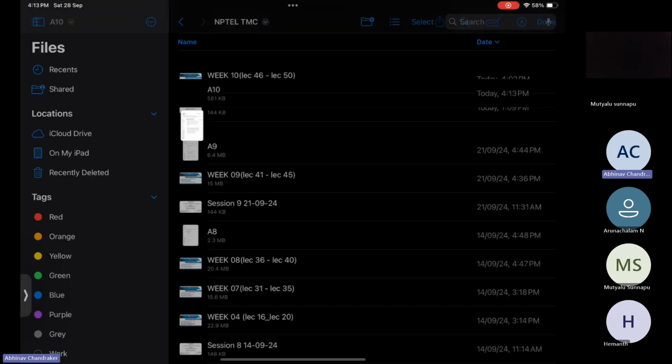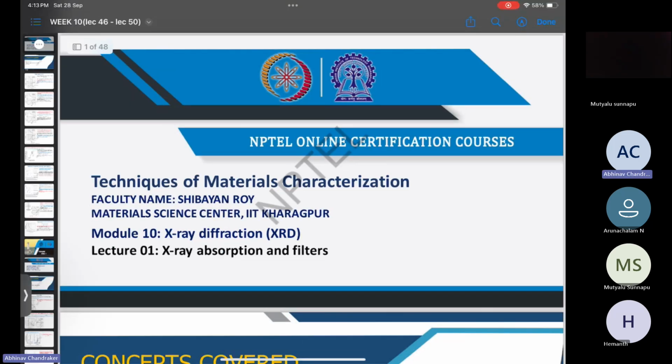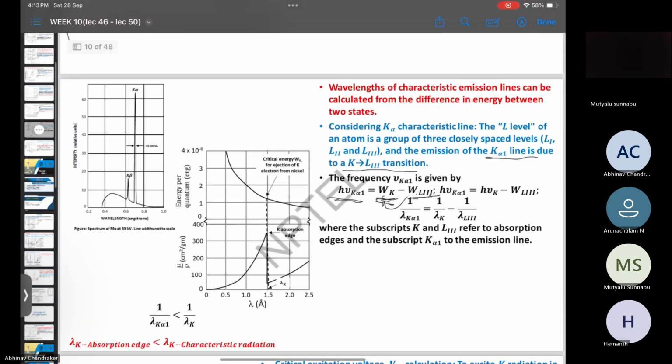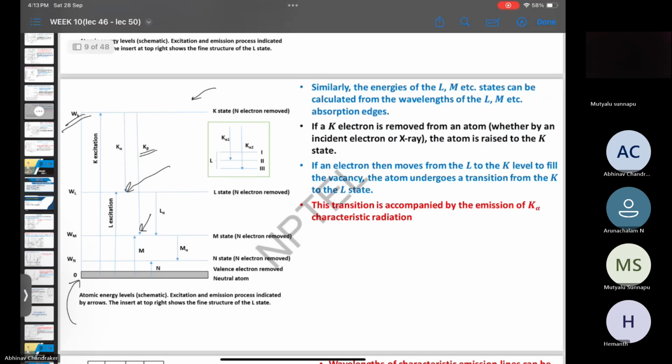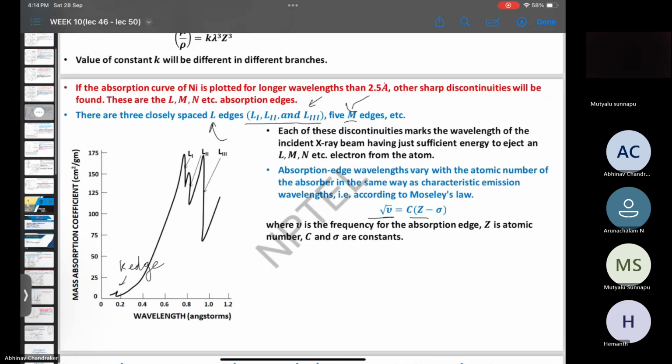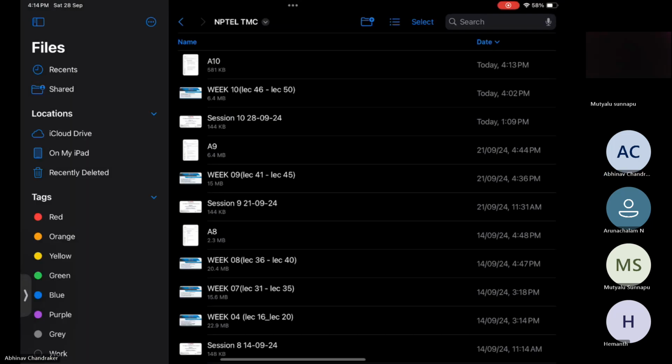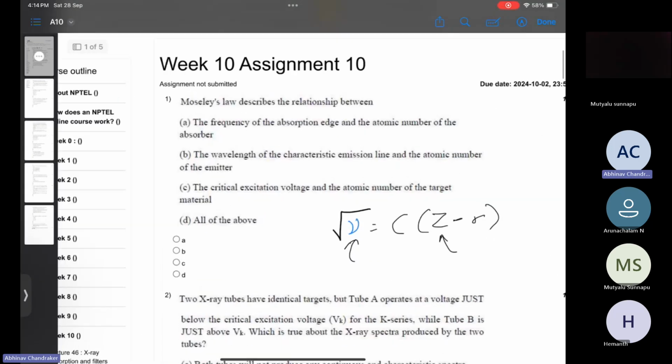We can also go to the concerned slide where this is discussed. Let's go back and look at the options.